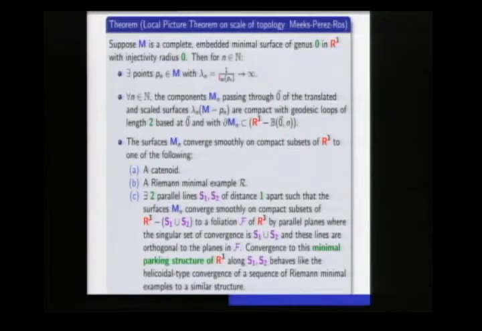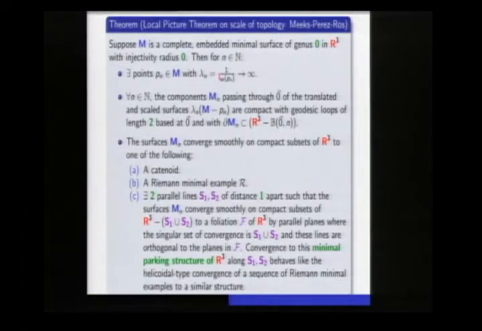But it's a great tool, and it's really a tool that, for example, Alvaro and I use for understanding complete embedded minimal surfaces of finite topology, and certain hyperbolic three-manifolds. You could think of using it in lots of different places. Okay, so let me explain how you get these points. Any questions about the statement?